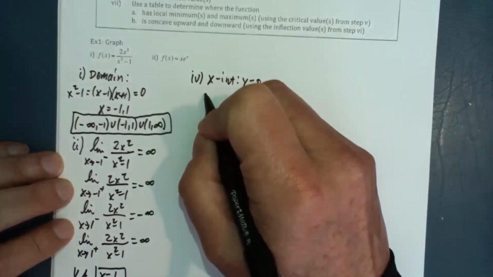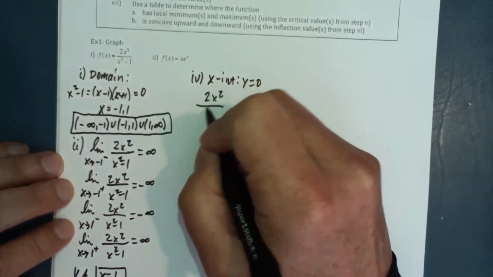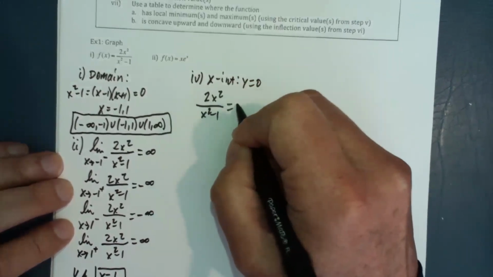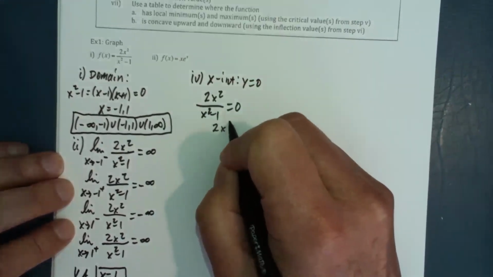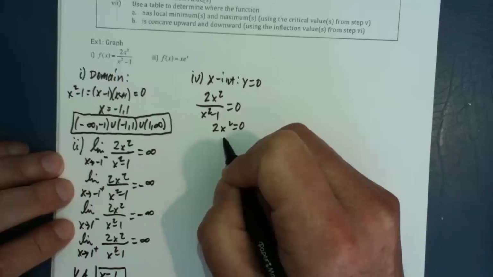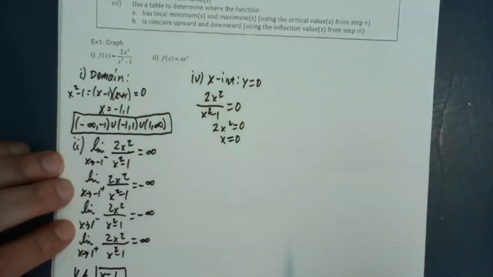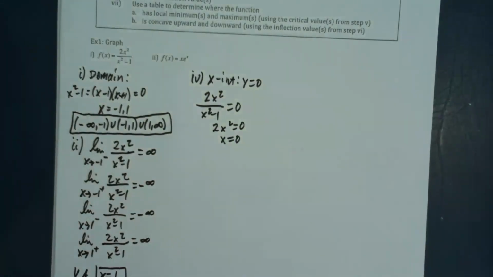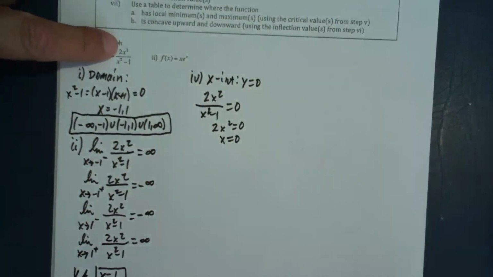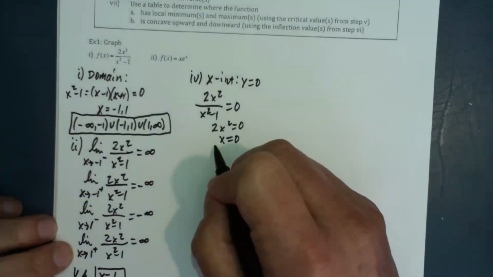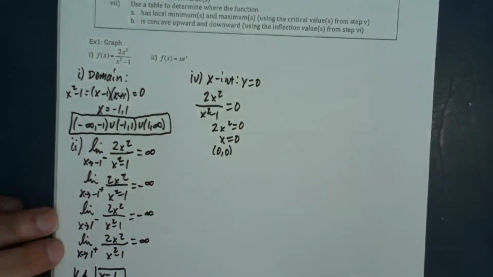So that's 2x squared over x squared minus 1 equals 0. Means 2x squared equals 0, which means x is going to equal 0. And when we plug in 0 here and here, we get the point (0, 0) is the x-intercept.